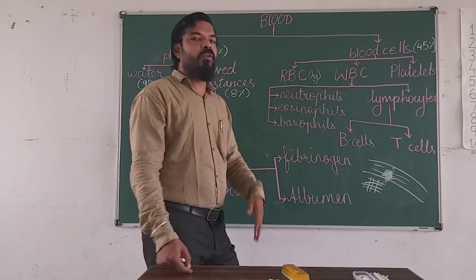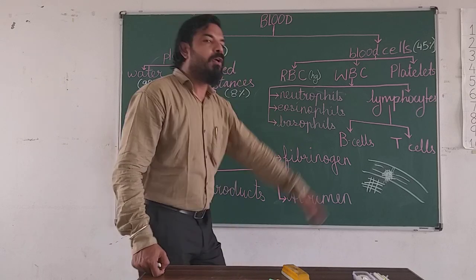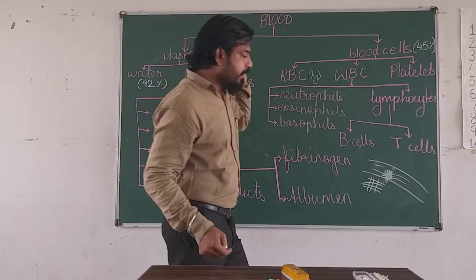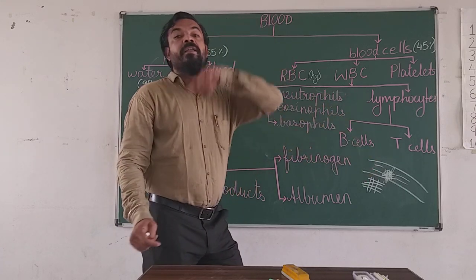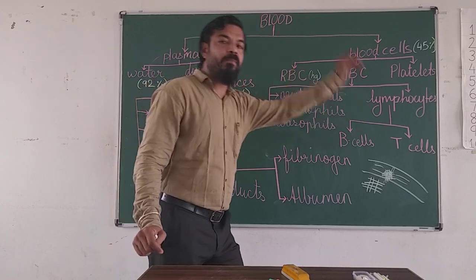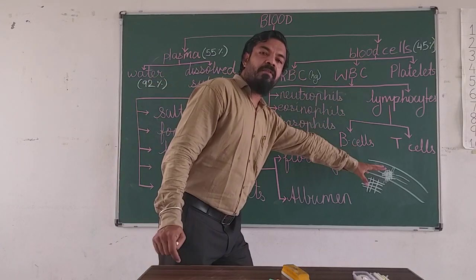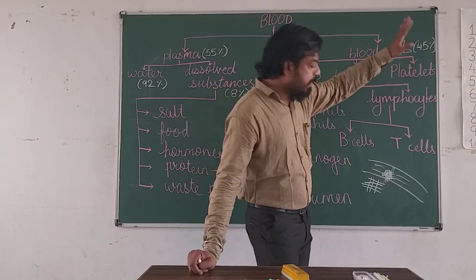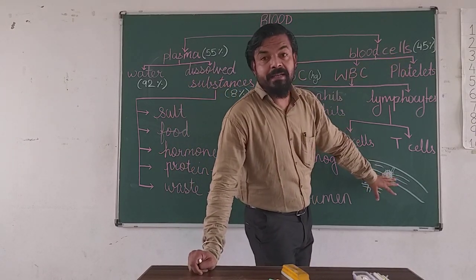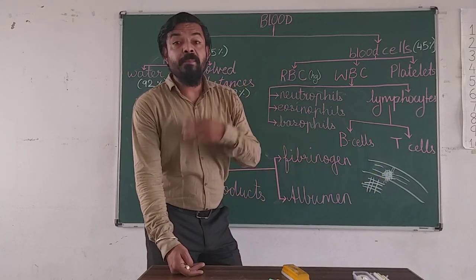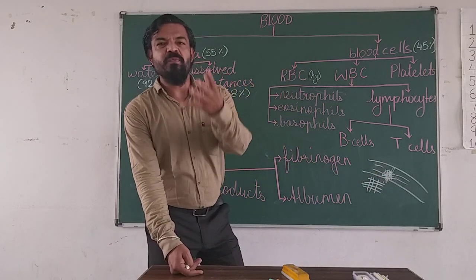So if your leg or your hand has a small cut, the spinal cord will get the message that I have a cut in my left hand, in my small finger, please help immediately. Then the brain will inform the platelets, go and stop that part immediately. So the platelets come here and stop it, and this happens within 2 minutes.